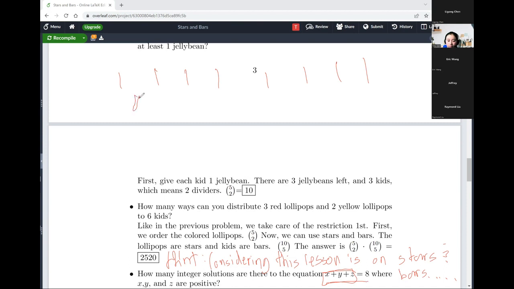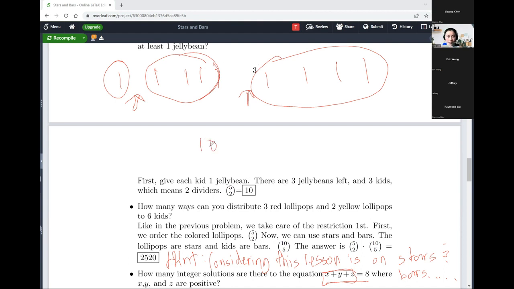So we have a divider and maybe another divider. So this means 1, 3, 3, and 4. Those are our 3. This would be an example case. And we have 10 objects total because 1, 2, 3, 4, 5, 6, 7, 8, 9, 10.